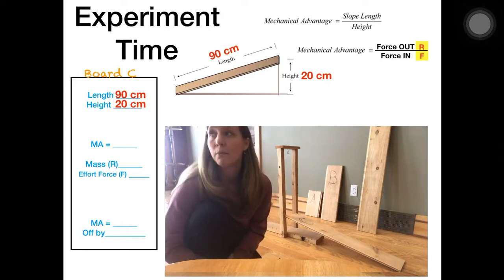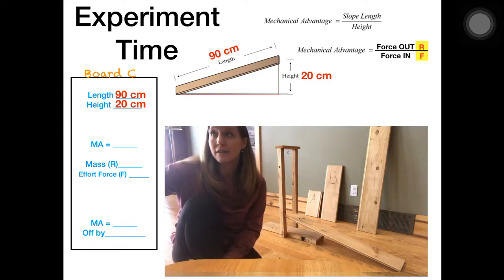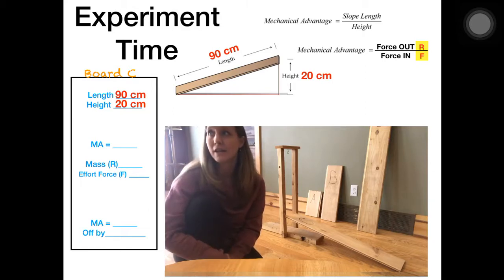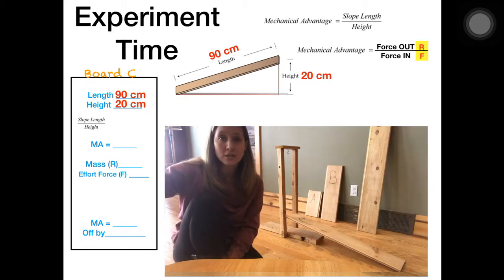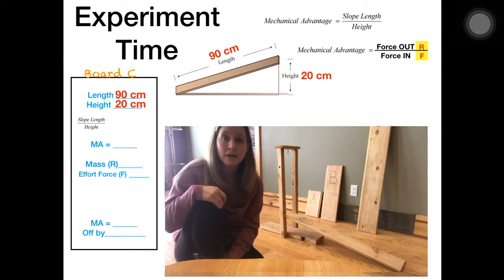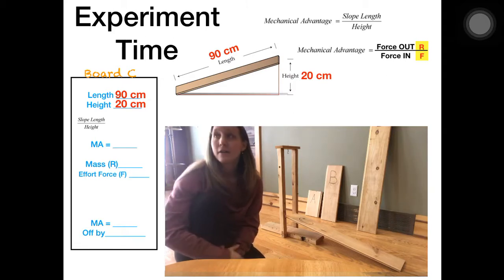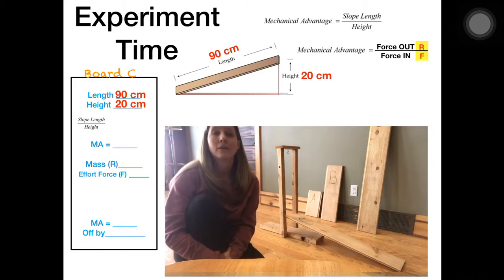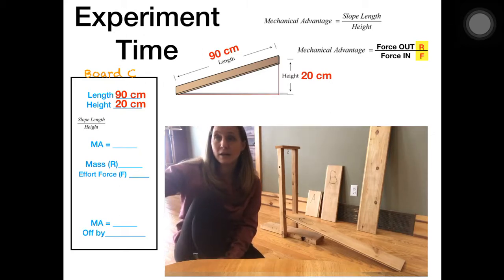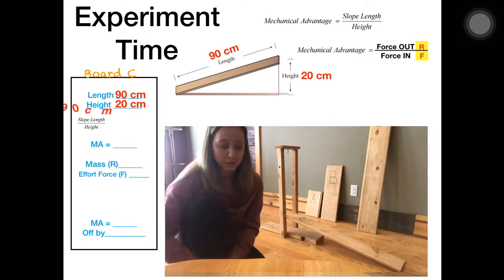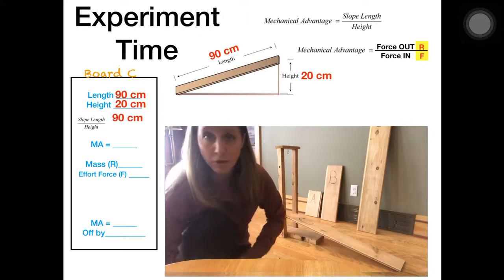So we have the length, and we have the height of 20 centimeters, and because we have those two, we are able to do the mechanical advantage for inclined planes, because we know that that is slope length divided by the height. So 90 divided by 20 is what we will be doing. So let me grab my calculator here.